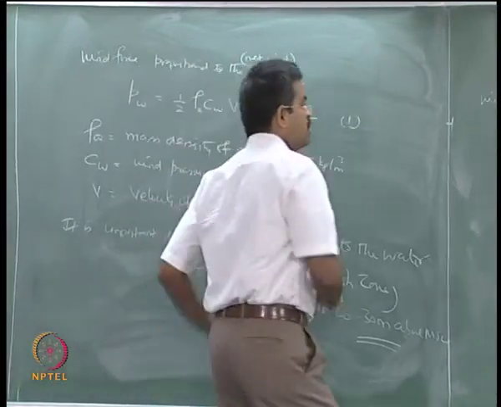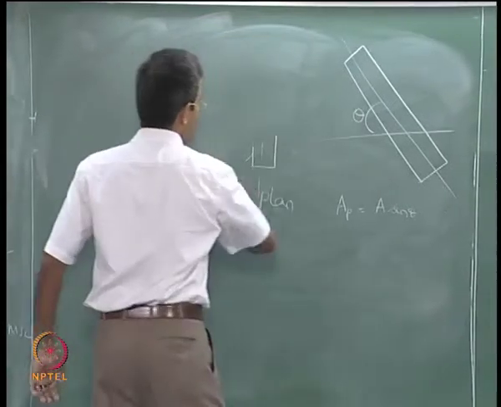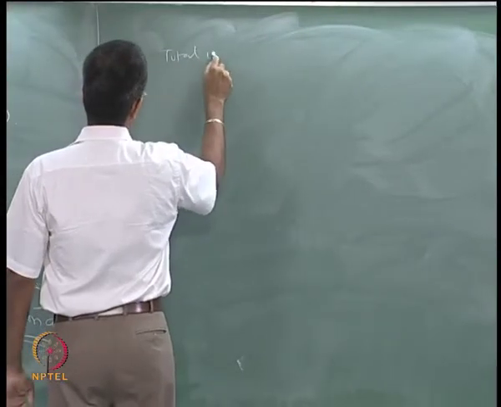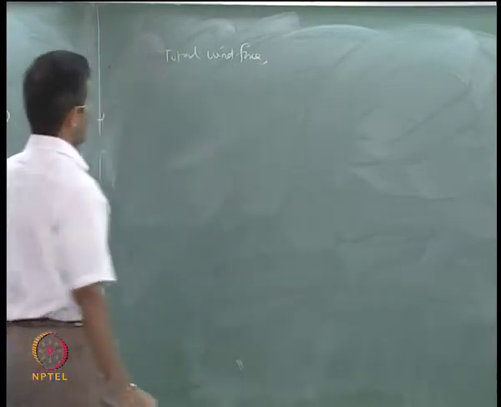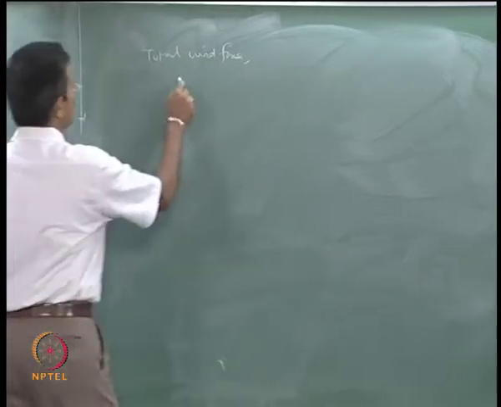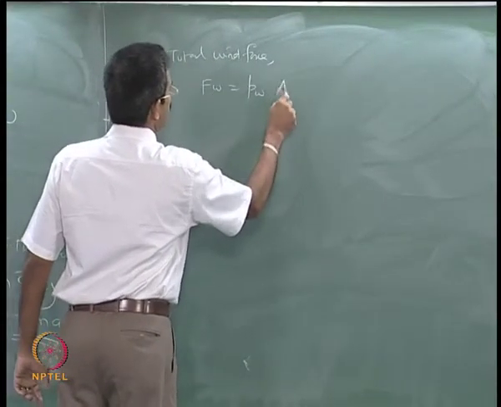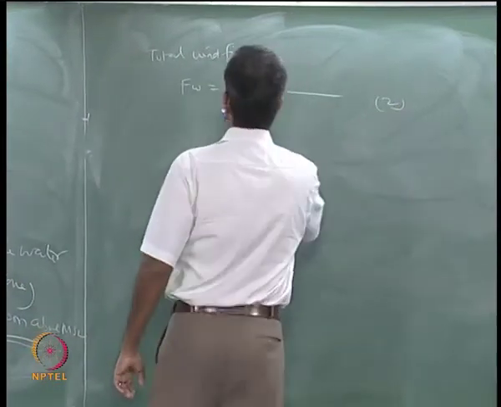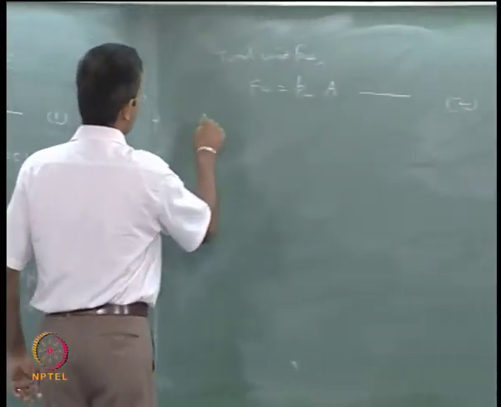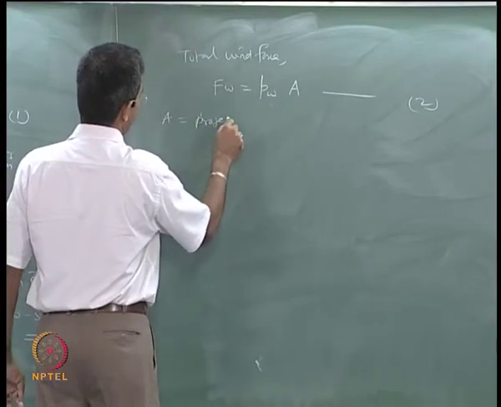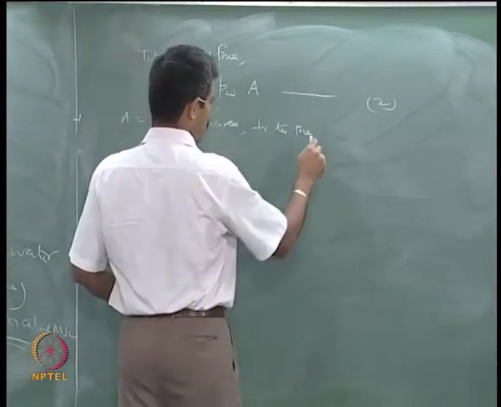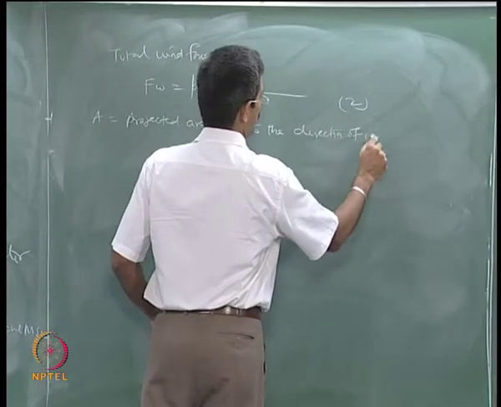Now, the total wind force is given by Pw into A, where Pw is what I computed from equation number 1, and of course A is the projected area, which is normal or orthogonal to the direction of wind.